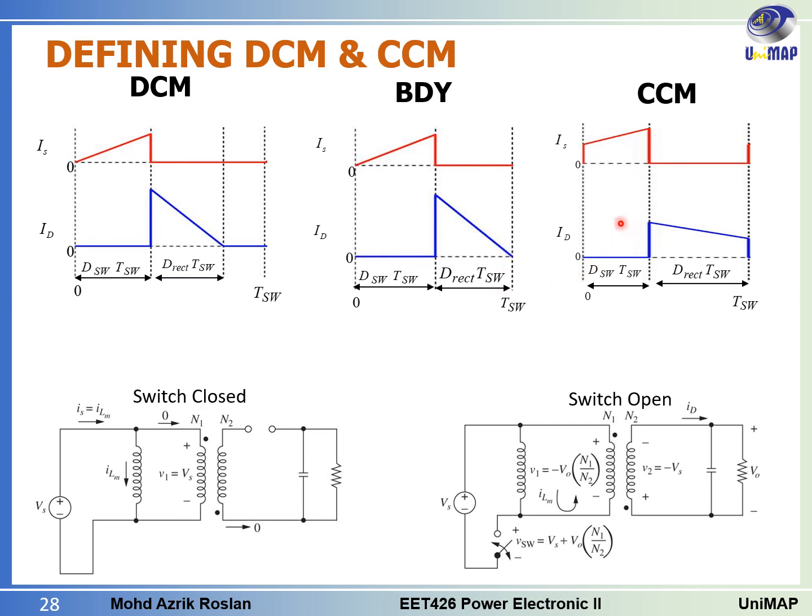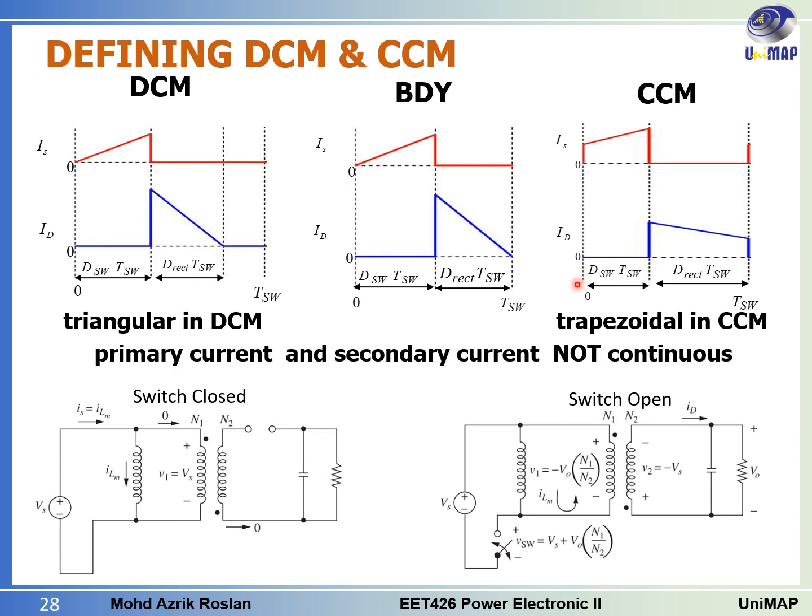And then for the CCM, you can see a trapezoidal shape here. The current will not increase from 0. IS will increase from some value to the maximum value and then suddenly drop to 0. And then for CCM, we can look at the ID.